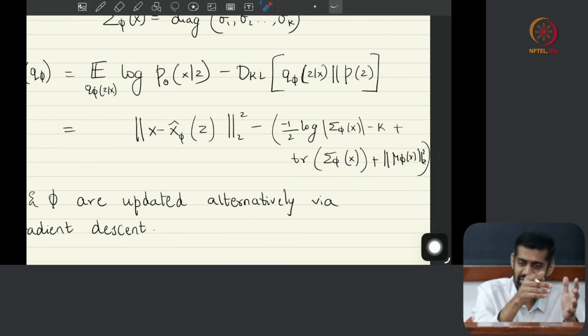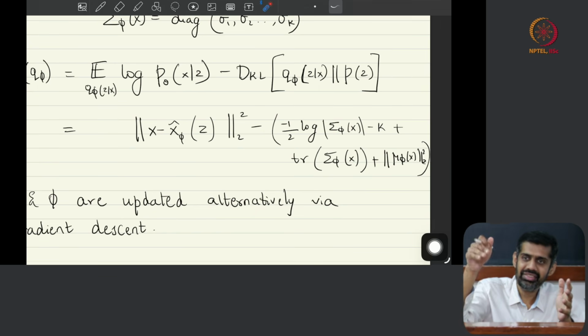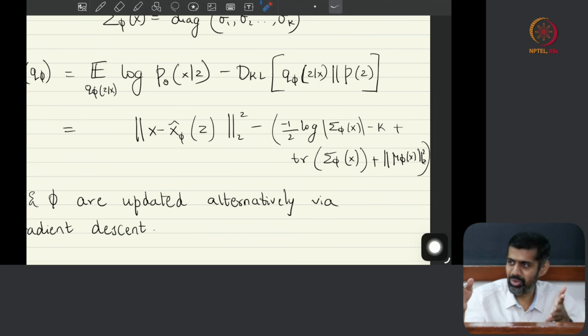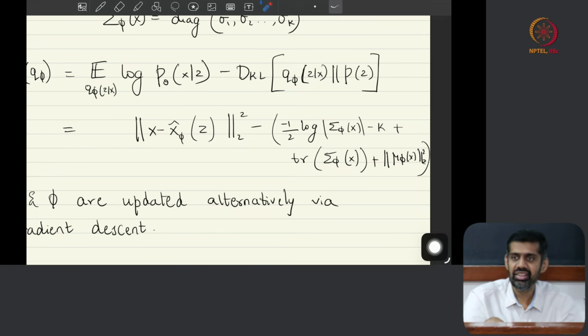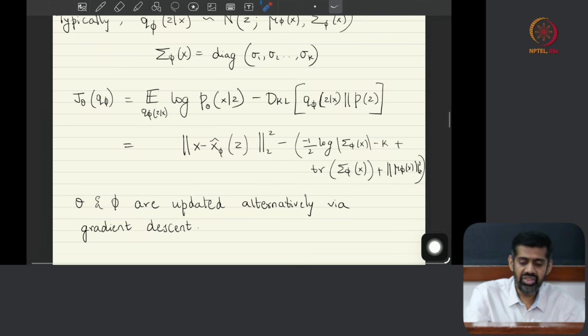So there is the encoder, reparameterization, decoder, but they are not connected. If you know how to write neural networks in PyTorch, you need to write two different classes of neural networks, and then two forward functions to ensure that gradients are passing correctly. And theta and phi are updated alternately via gradient descent. That's the usual neural network training stuff.